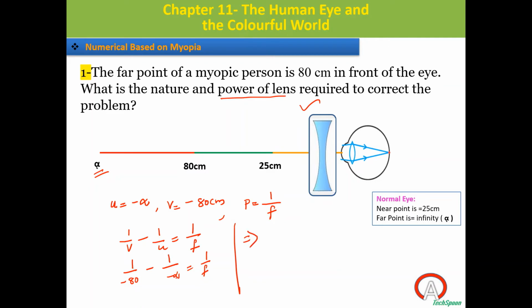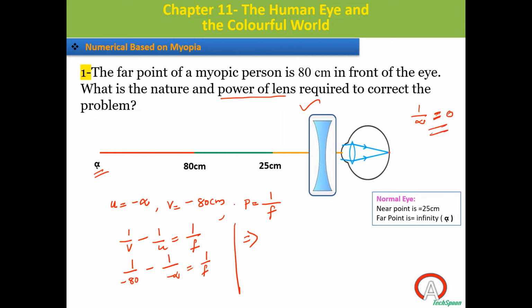Substitute and find out. 1 by infinity is what? 1 by infinity is not infinity. 1 by infinity is equal to 0.